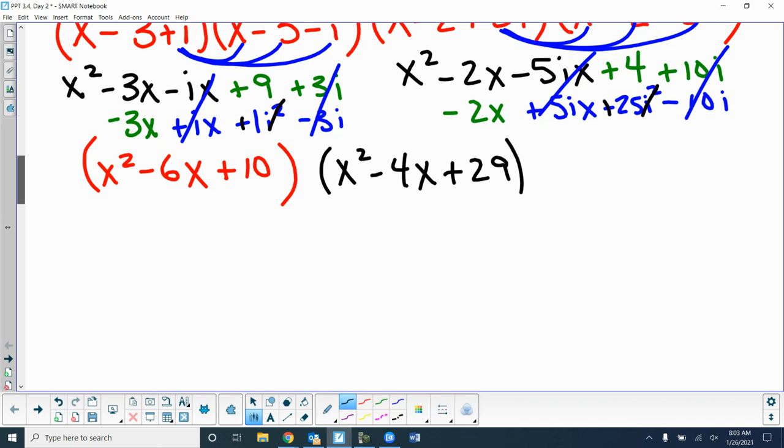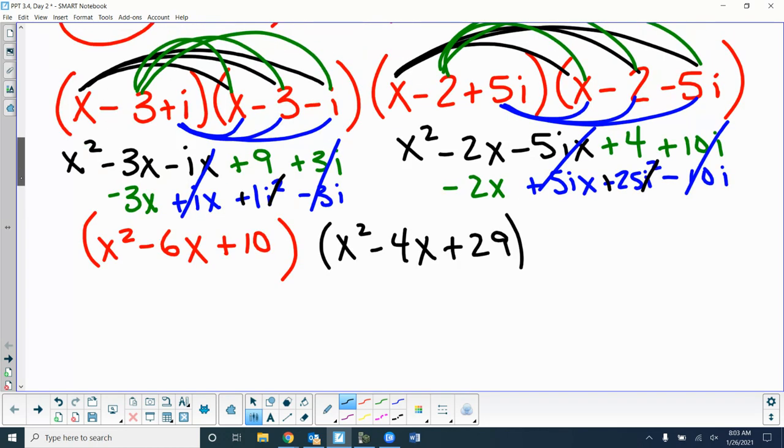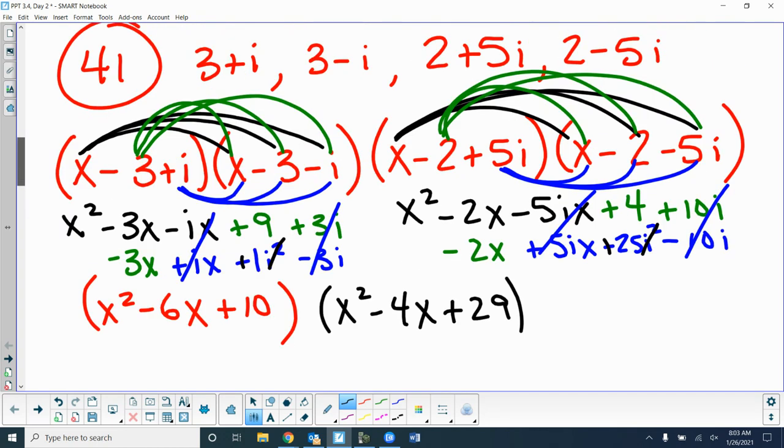You should be able to do that. All it is multiplying and combining like terms, right, Mason? Stuff you know how to do since 9th grade. Algebra 1 stuff. This part with the i's, algebra 2 stuff. Simple though.